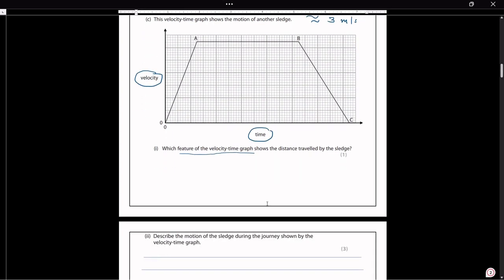We have studied that from the velocity time graph, the area under the graph or the area under the plot is the distance traveled. So we are going to write: area under the graph, or area under the plot, equals distance traveled.